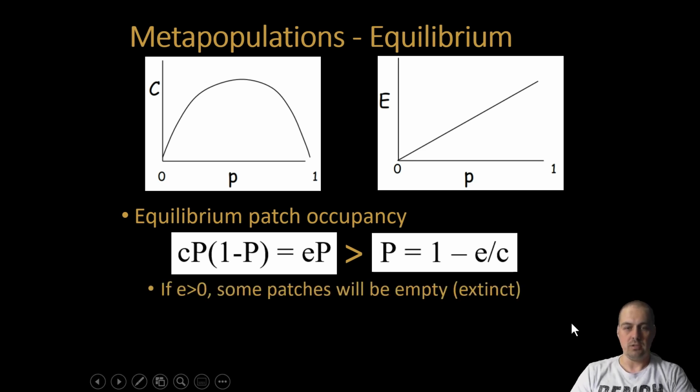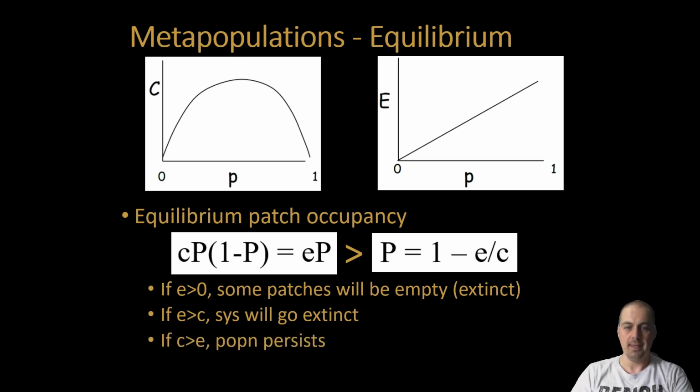Some of the trends that you can see from this: if E is greater than 0, which it always is, you're going to have some possibility of empty patches or extinct patches. If E is greater than C, that would mean that this number here is bigger, and so when it's subtracted from 1, your population will be 0 and it will go extinct.